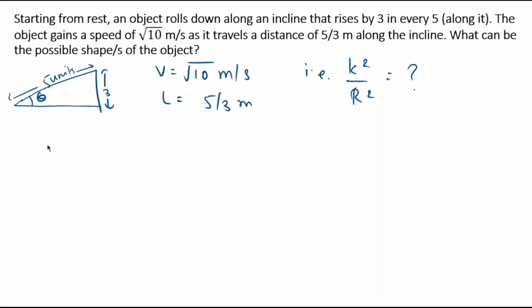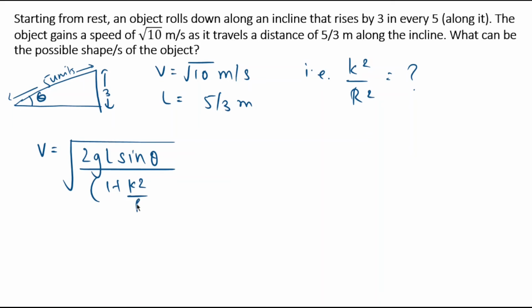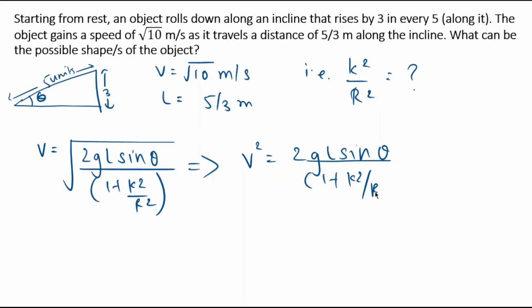So the velocity for rolling motion is given by v equal to root under 2 g L sin theta upon 1 plus k square by r square, which can be written as v square equal to 2 g L sin theta upon 1 plus k square by r square.